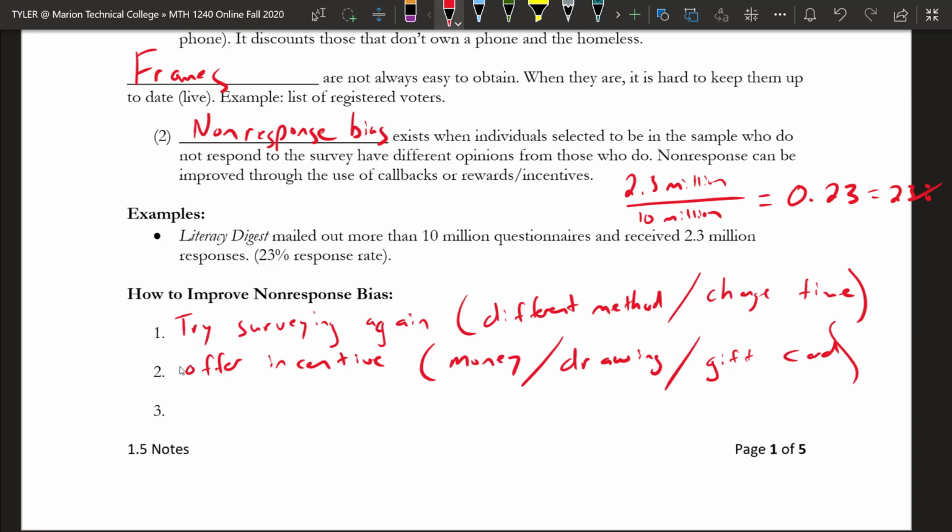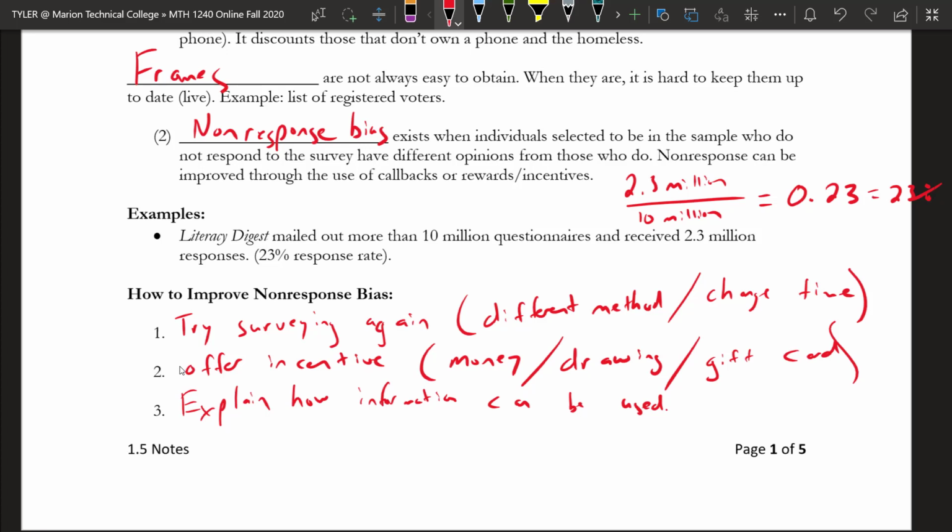The third thing is you can try to explain how information can be used. Right?